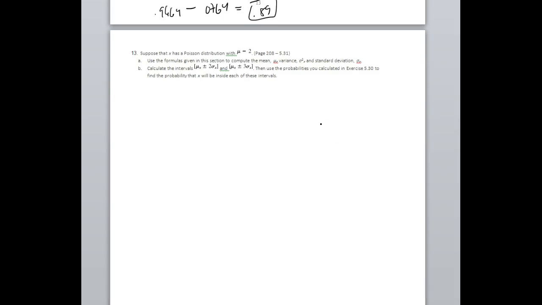Okay, 13. Suppose that X has a Poisson distribution with mu equal to 2. Use the formulas given in the section to compute the mean, variance, and standard deviation.